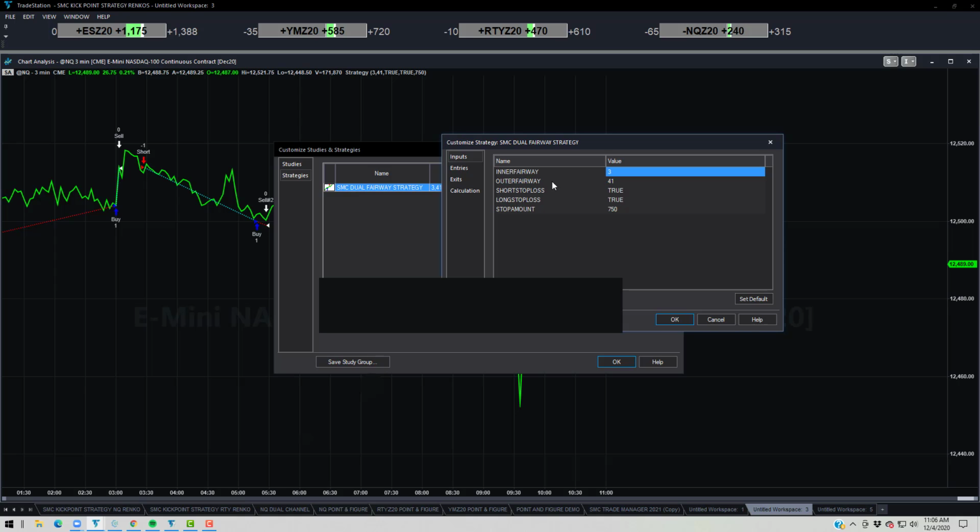Well, here, we're asking the machine to do that, and we did something that we called optimization. And we optimized the input for the inner fairway in conjunction with the outer fairway. We have built-in stop losses, not based just on money, but on true technical exits.